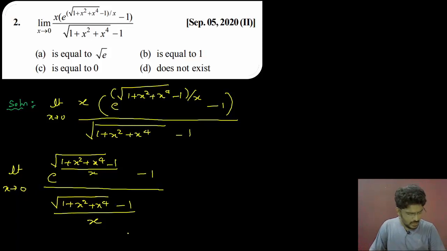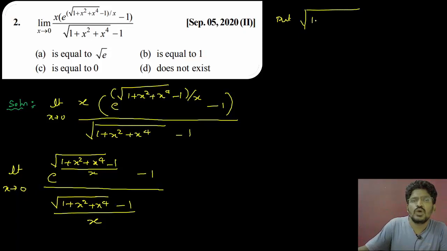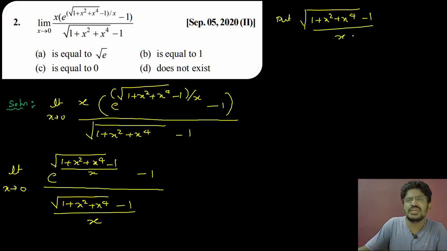Now you can just see here, I will replace root of 1 plus x square plus x to the power of 4 minus 1, divided by x, as t.